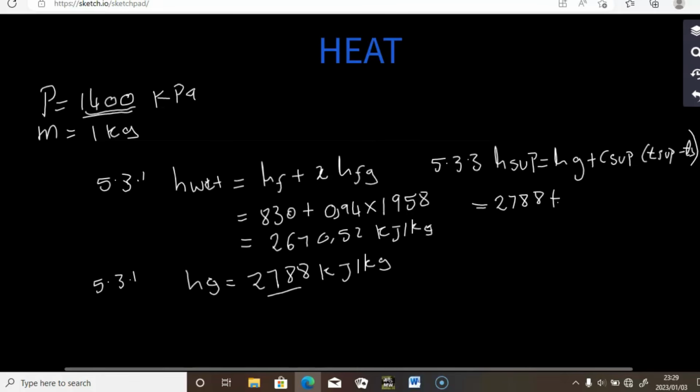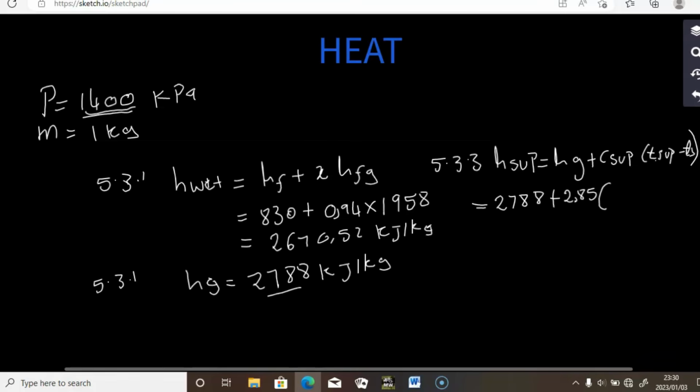Plus, from the question, the average specific heat capacity is 2.85. 2.85 is our specific heat capacity. And the temperature is increased by 240.